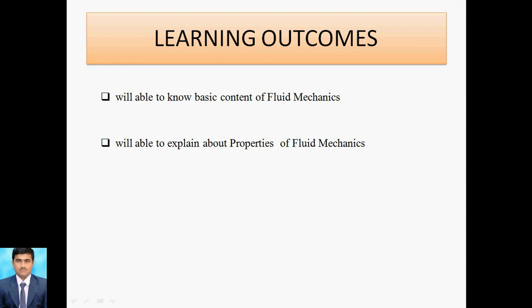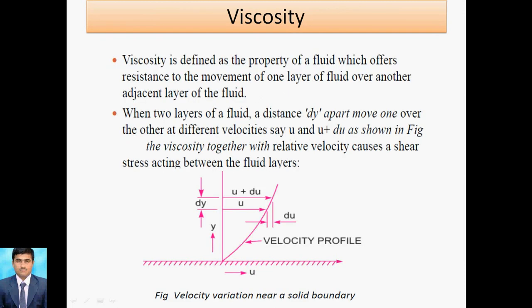First of all we look at the property of viscosity. Viscosity is the property of a fluid which offers resistance to the movement of one layer of fluid over another layer of fluid. Here we consider two layers of fluid separated by a distance dy, and one can move over the other with a different velocity, so it causes a shear stress.